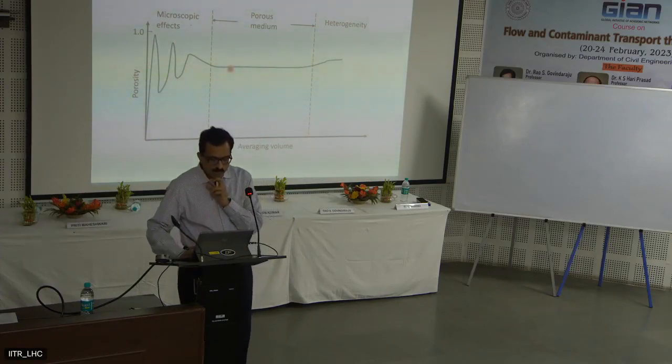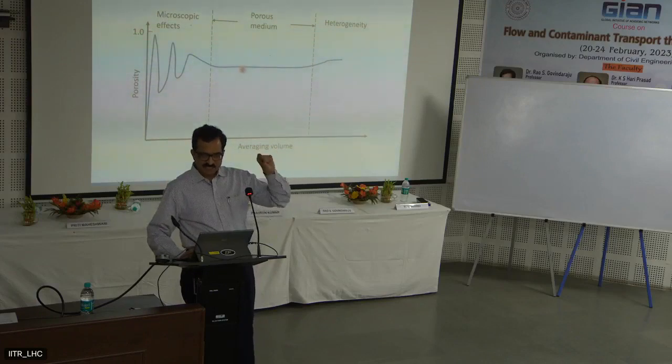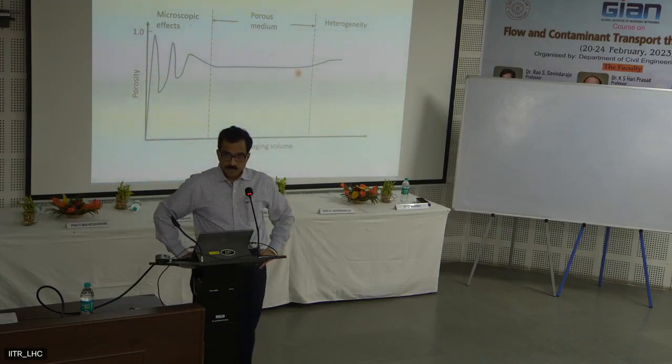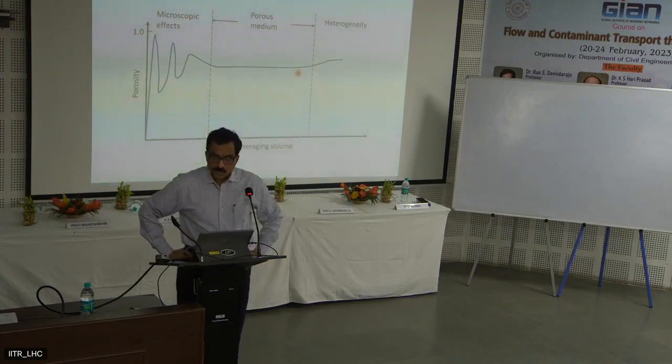So within this averaging volume, if porosity and, let's say, conductivity, transmissivity, and other properties are not changing, we would call that homogeneous. Then particles also change? The soil particles, the grain size.